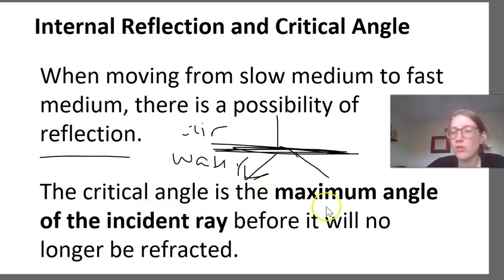So this is called the critical angle. Basically, there's a maximum angle that the incident ray can be before it can no longer exit the slower medium, and it's totally reflected inside, a total internal reflection.